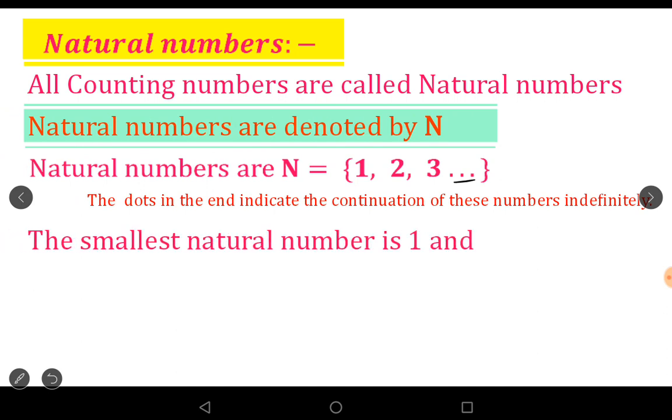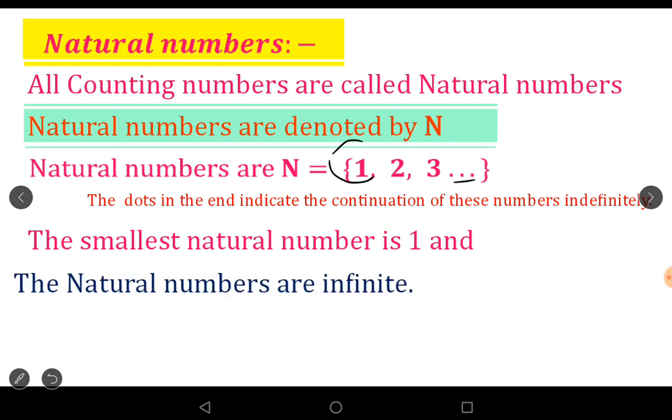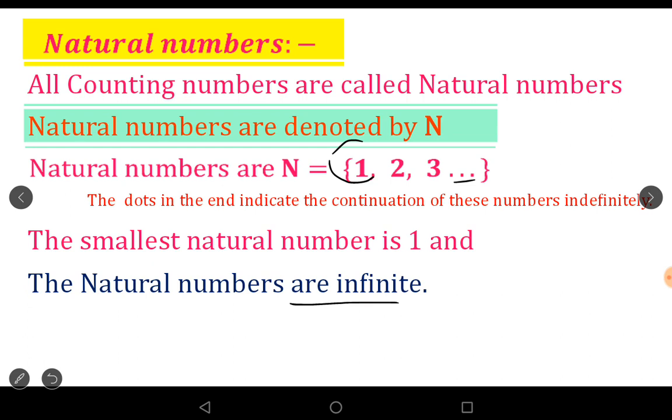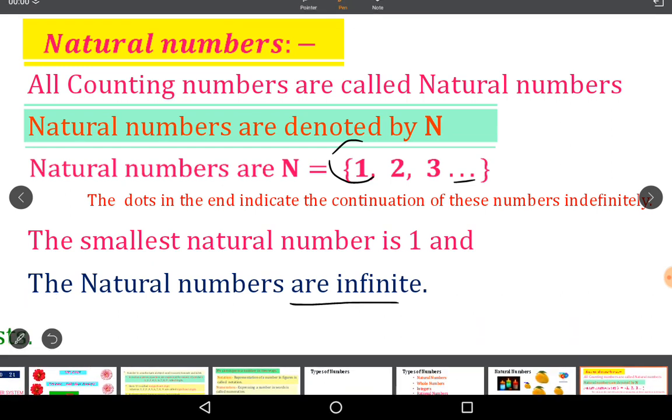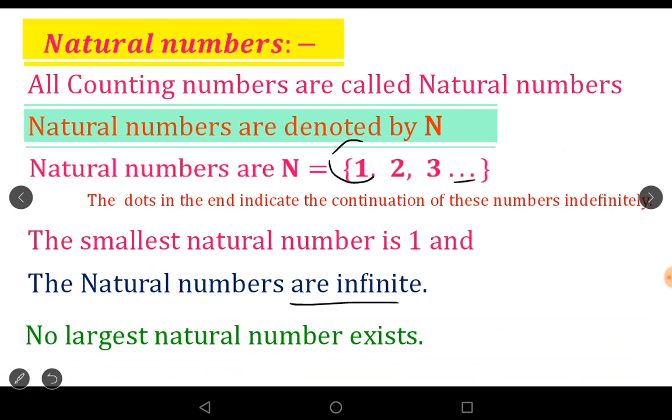The smallest natural number is 1. The biggest natural number is not defined, as the natural numbers are infinite. Therefore, no largest natural number exists.